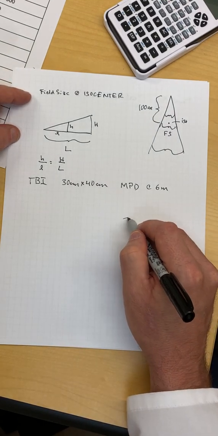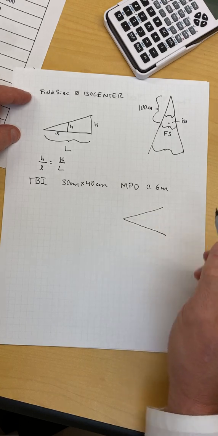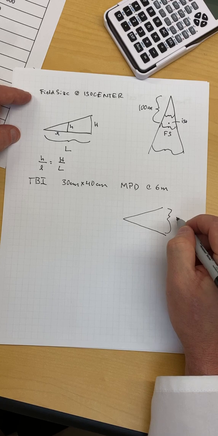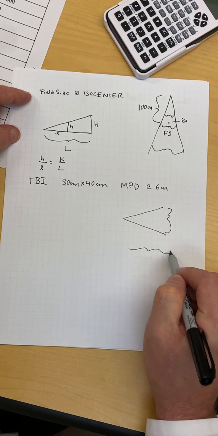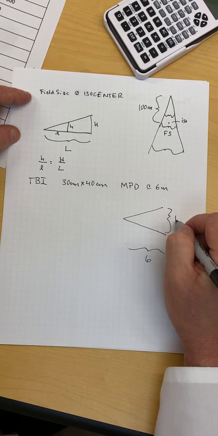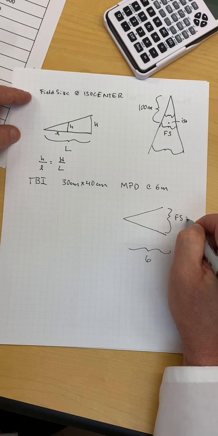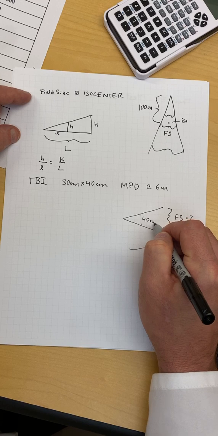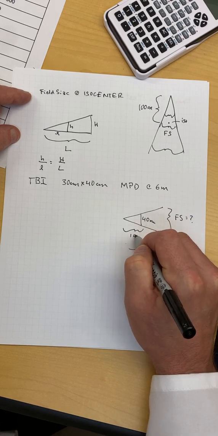The field size scaling works whether it's symmetric or asymmetric jaws. So in this one, we'll say this is 6 meters away. This is the field size that we want to know. And here we'll say this is the 40 centimeters field size at 100.